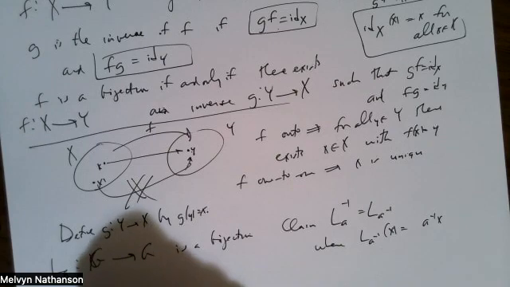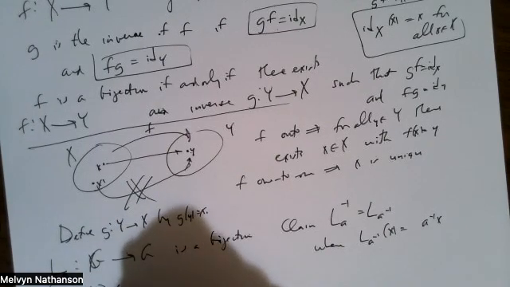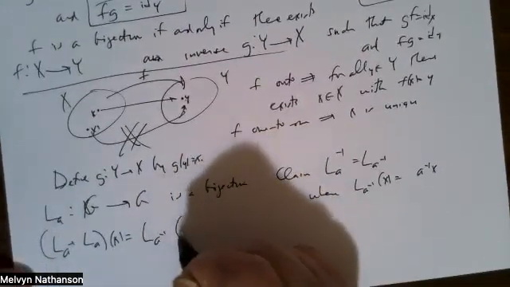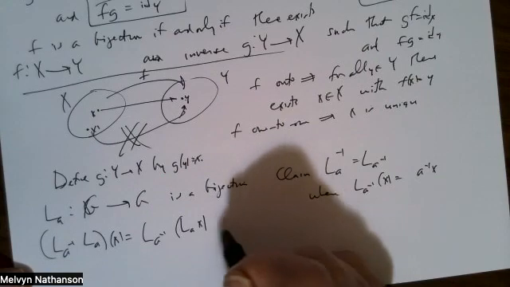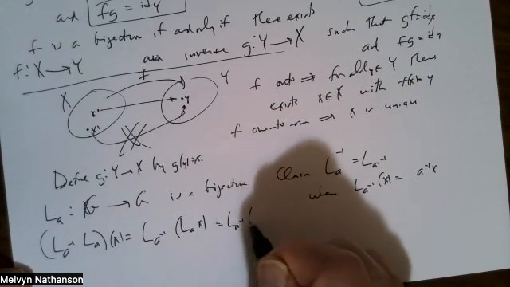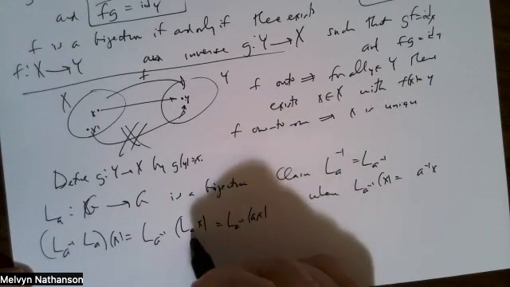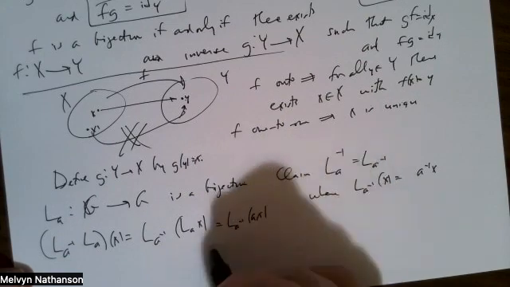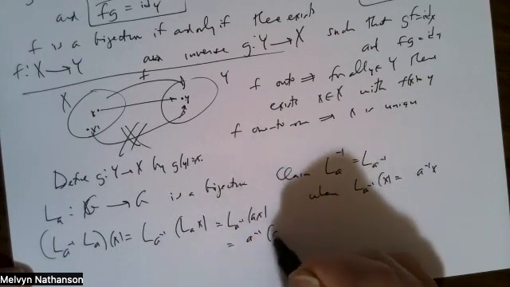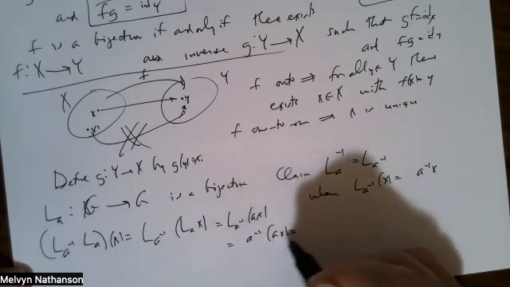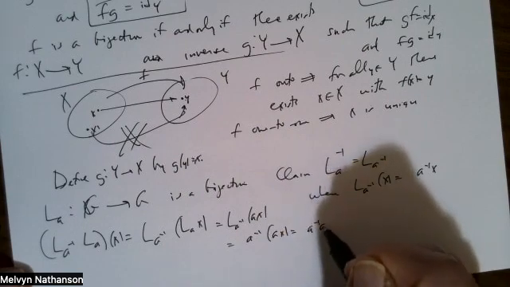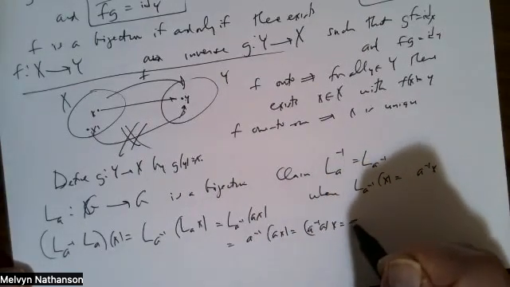So if I take L sub A inverse composed with L sub A applied to x, that's L sub A inverse of L sub A of x. That's L sub A inverse of AX. That's what left multiplication by A does. This is A inverse AX, and the A inverse and the A cancel. So it's the identity.